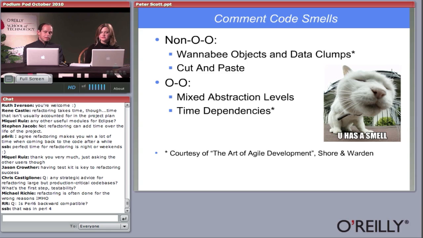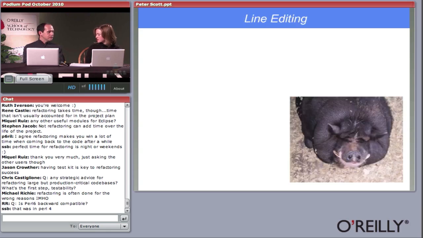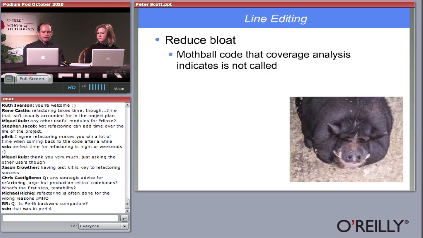And time dependencies mean that you require methods to be called in a certain order, and that's taking some of the logic out of where it belongs in the code and forcing it into the programmer's mind. It should be, and that's harder to restructure, to fix, but that's one of those things that should at least be commented so you understand that.